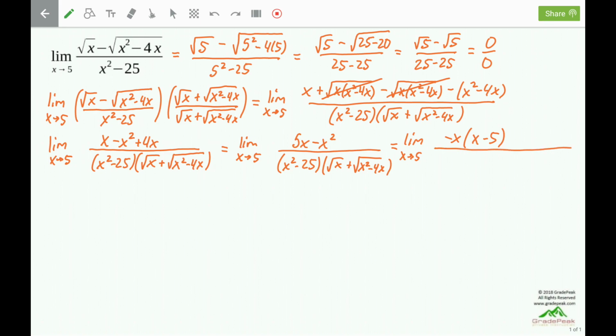And in the denominator here, I'm about to factor a difference of squares, which will factor into x plus 5 and x minus 5. And I factor out the negative, so I match the x minus 5. We're looking to always match those factors so that we can cancel them out. And then I have the roots adding each other. The x minus 5s can now cancel. We'll take those out. That should have eliminated the 0 over 0.